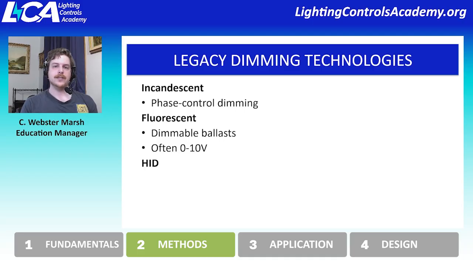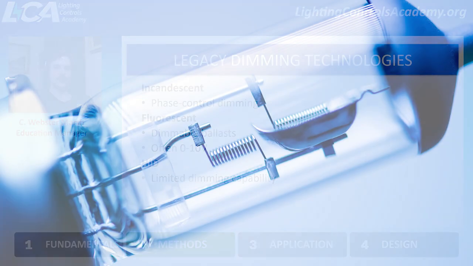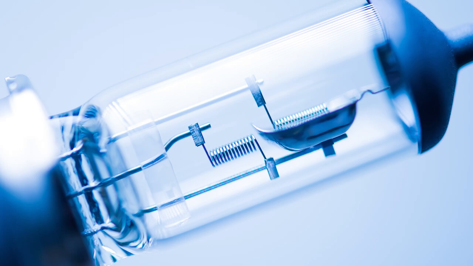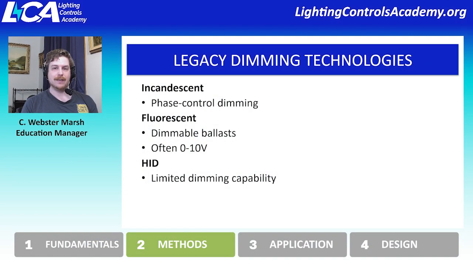High intensity discharge, or HID, we really saw a lot of limited dimming capabilities with, and while we could certainly dim them to a degree, we had a lot of unsavory results with dimming high intensity lamps and fixtures, and so it was quite challenging to provide a quality dimming experience with these fixtures.